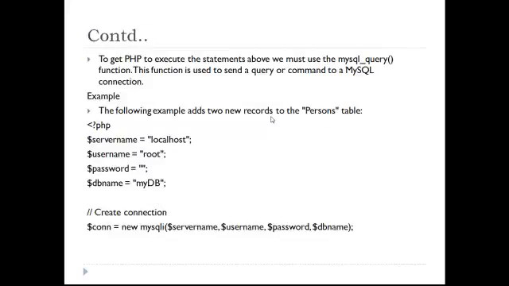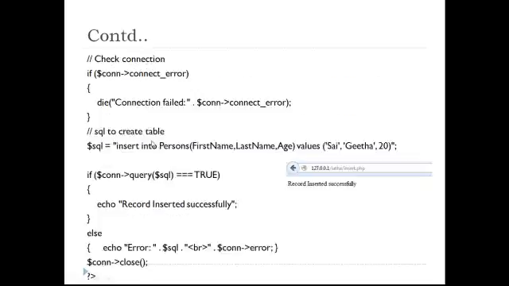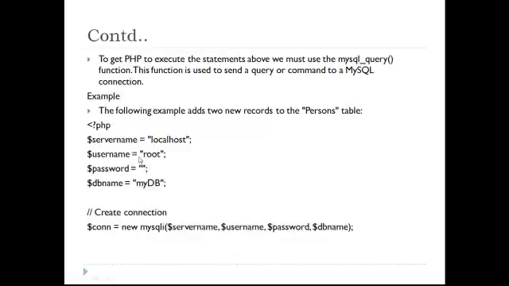So the second method is you specify the server name, the username, the password, the database name. Now you're going to create the connection for the server name, that is localhost, username, that is root, password is nil, and the database name is MyDB.